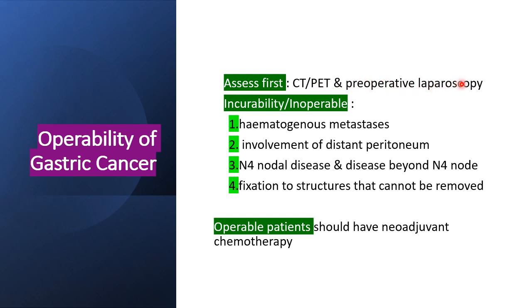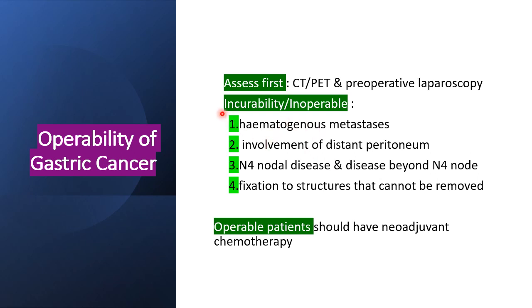Preoperative laparoscopy is the best way to diagnose transperitoneal spread into the abdomen. Once there is transperitoneal spread, the case is considered advanced and inoperable. So preoperative laparoscopy with biopsy of these lesions can be done, and it will give us an accurate diagnosis of the status of the cancer.